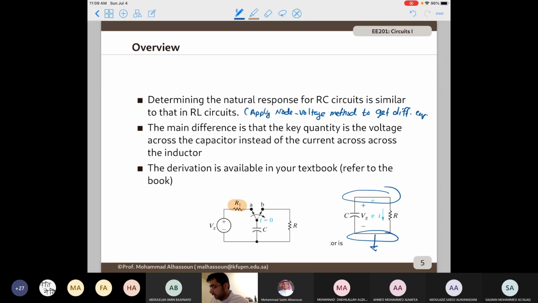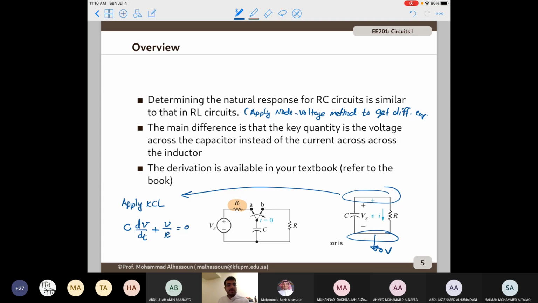So you will see that if you set this one as a reference, you know the voltage, or you assume that you know the voltage. So if you apply the node voltage method here, you have only one equation, and if you apply KCL, you will see that the current through the capacitor is C dV by dt, plus the current through the resistor is I, which is in this case V divided by R, equals 0.